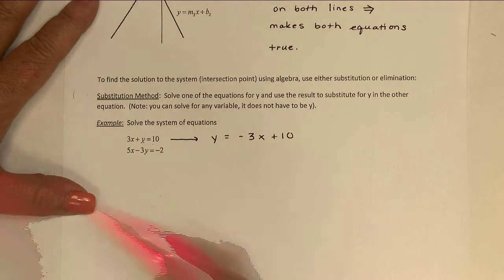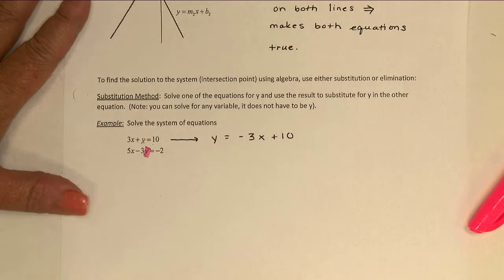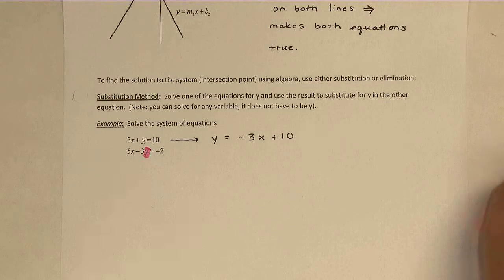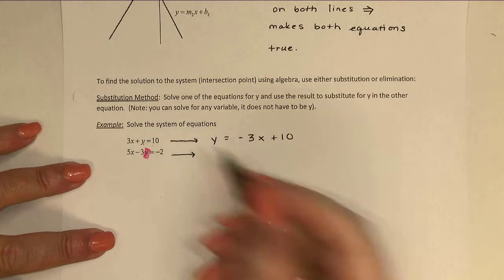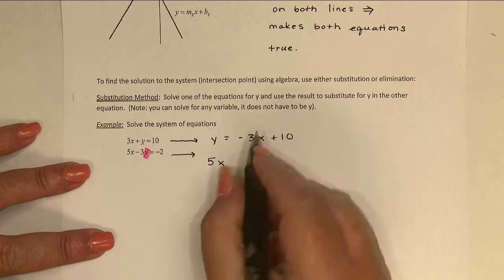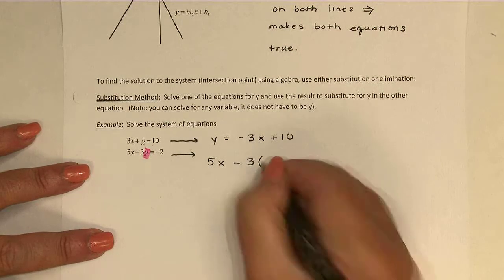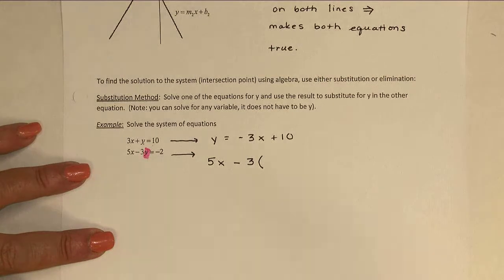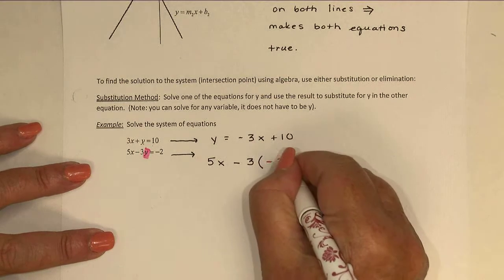And then what I'm going to do is look for where the y is in the second equation, and I'm going to literally replace that y with what y equals, negative 3x plus 10. So the second equation becomes 5x, and then I've got a multiplier of minus 3 times, and now instead of the y, I'm going to plug in the negative 3x plus 10.